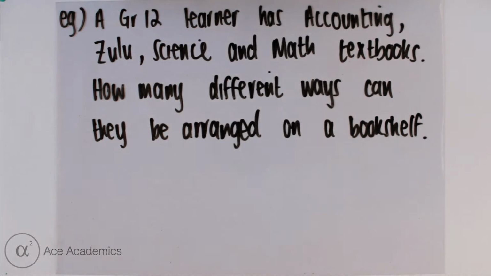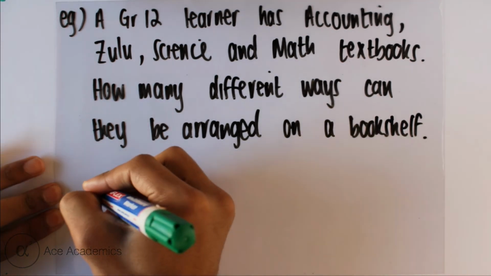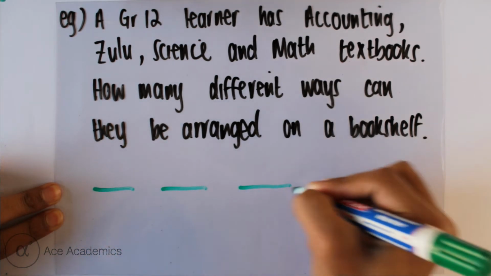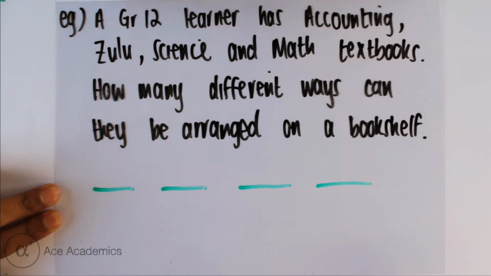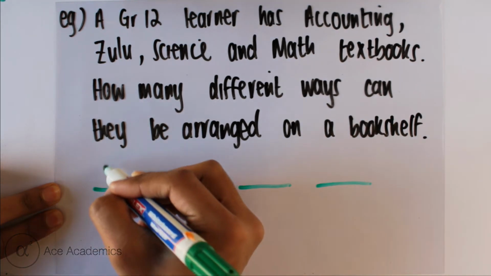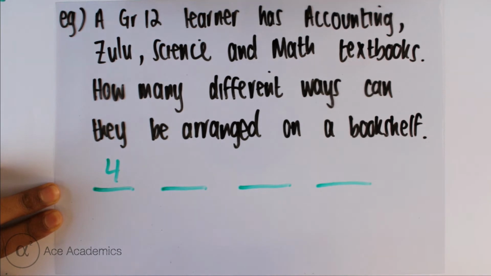The example reads, a grade 12 learner has accounting, Zulu, science, and math textbooks. How many different ways can they be arranged on a bookshelf? Now, there's a total of 4 different textbooks, so there would be 4 spaces. In the first space, we can put any of the 4 textbooks.